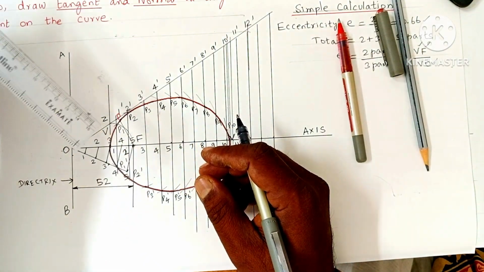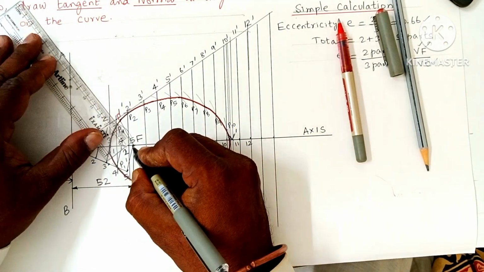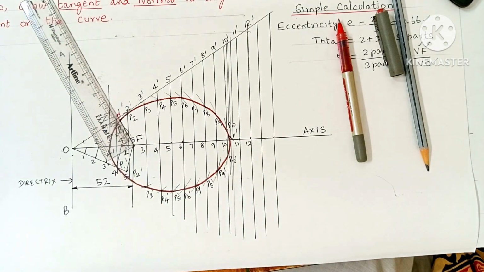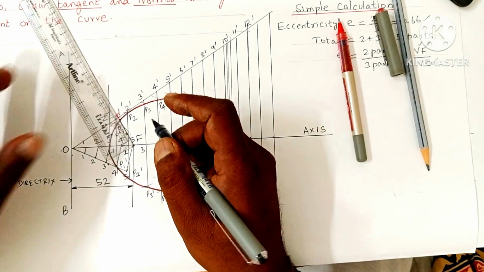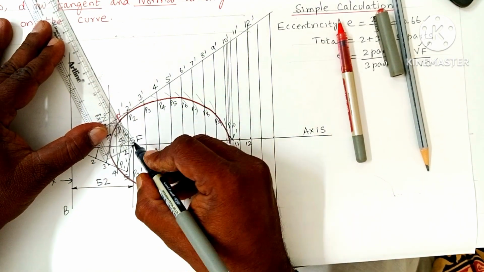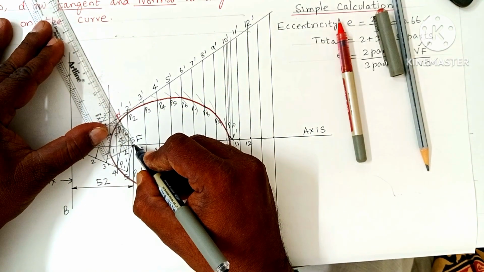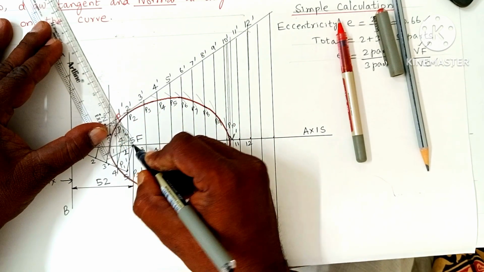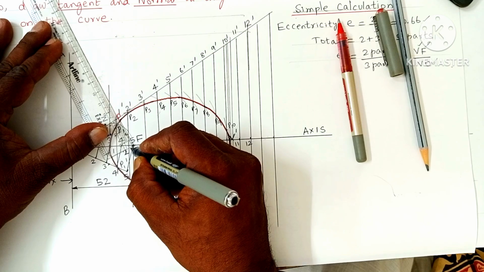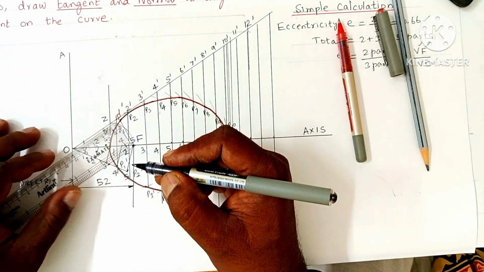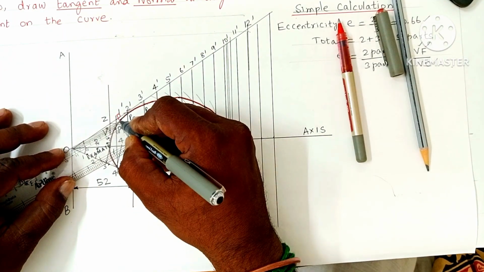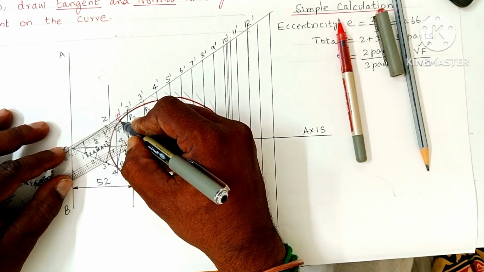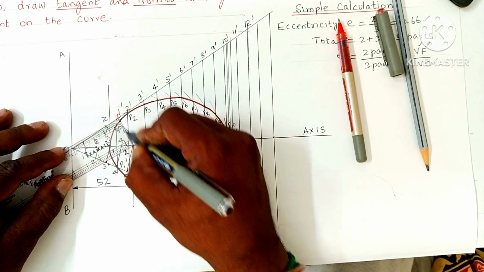By using this ordinary scale, at point F, the corner of your scale, or you can use a set square also for drawing this tangent and normal. Here I use the ordinary scale itself. The corner of your scale should coincide with point F, and the smaller edge of the scale should coincide with the PF line.